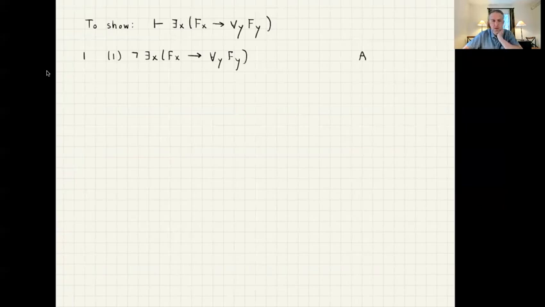Now, I have done this proof and proofs like this so many times that what I remember is the negative paradox. What I see very quickly when I look at this is that if little a were not F, then it would be true that if little a is F, then everything is F. So that's just the negative paradox.